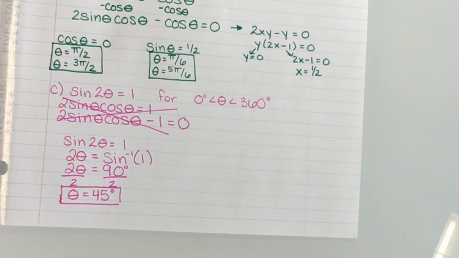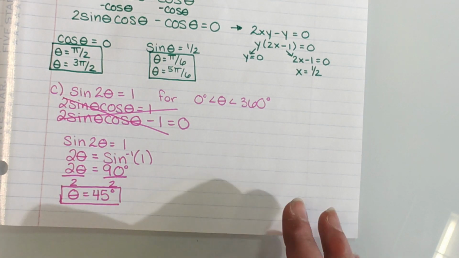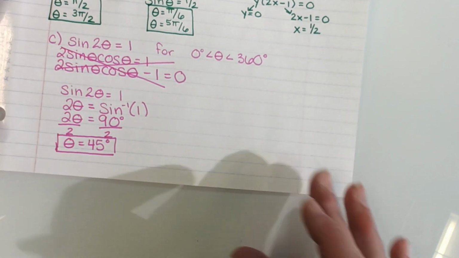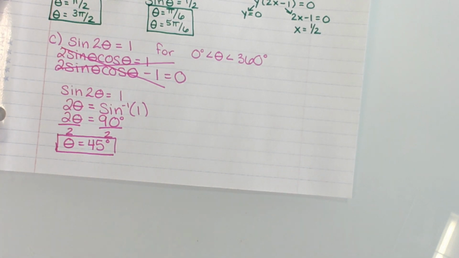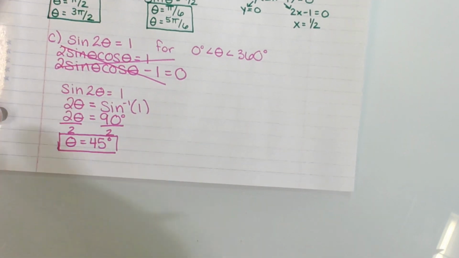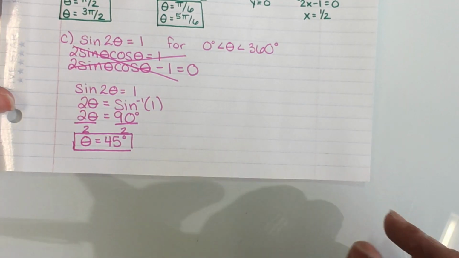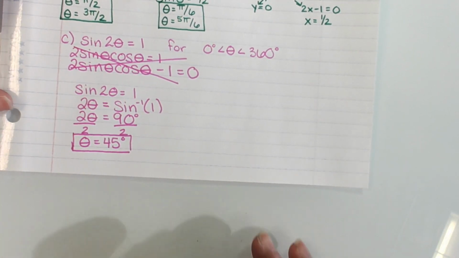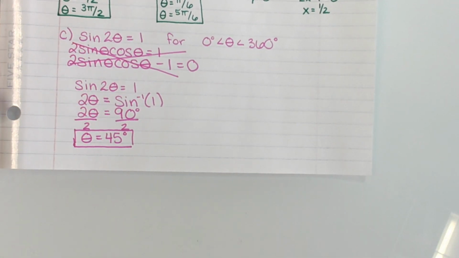When I do inverse trig, specifically inverse sine, the calculator, which is oftentimes what we use, would give me values between negative 90 and 90 as a result. We use the unit circle because the unit circle gives me values between 0 and 360.